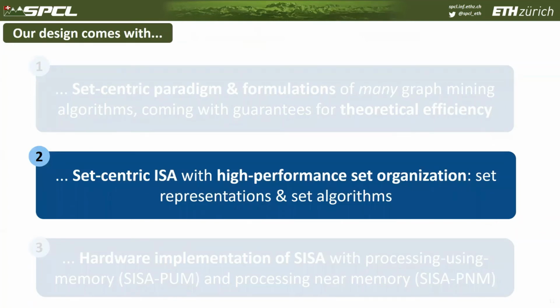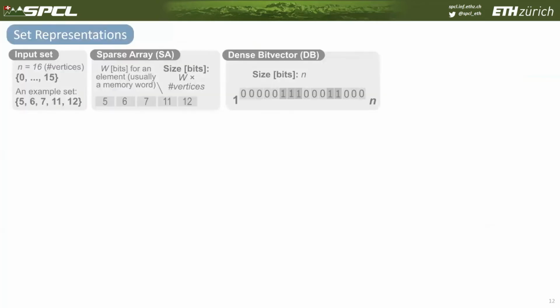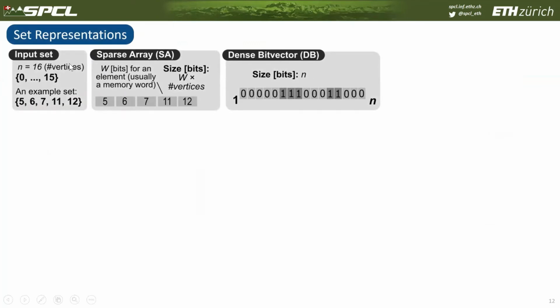Now let's move to part number 2, to how these algorithmic formulations are going to be implemented, in the context of how we implement these set representations and these set algorithms executing all these operations. So if we consider some example graph with 16 vertices, an example set of vertices can be this, some set containing 5 vertices.